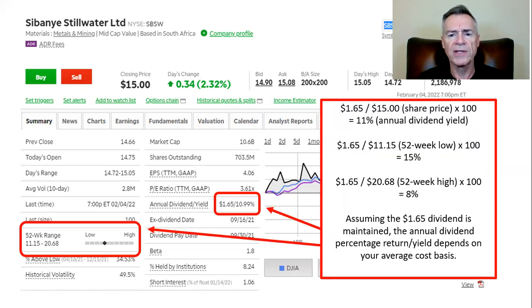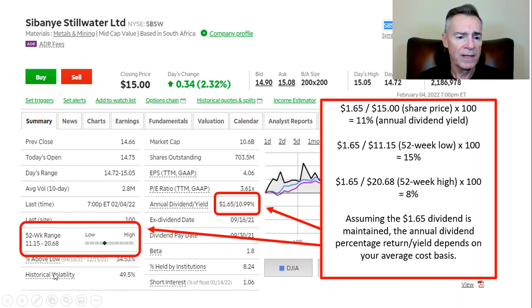So let's look at this one in just a little bit more detail. We're talking about $1.65, and that is basically fixed. At $15, it yields approximately 11%. If we look at the 52-week range, the low was $11.15. Then if you earn $1.65, the dividend yield would be 15%.